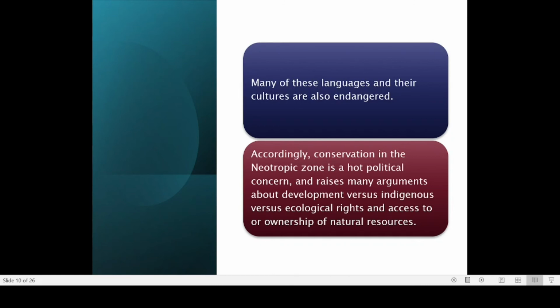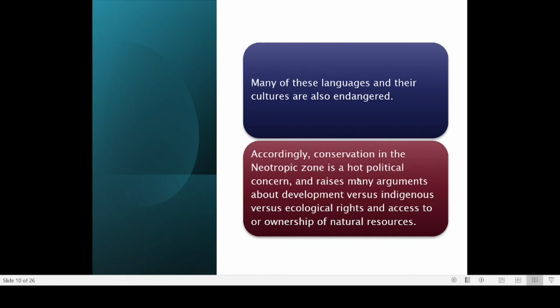But a large number of business people are also involved, and these business people have their own interest, and they want to destroy the forest and use it for profit making businesses. So that is what is happening in Amazon.